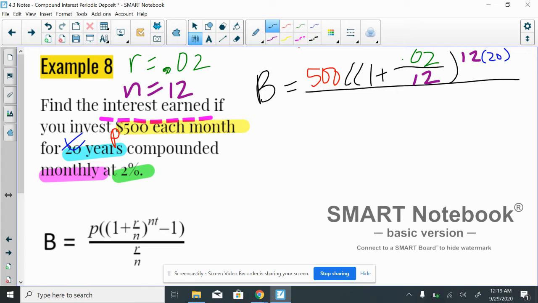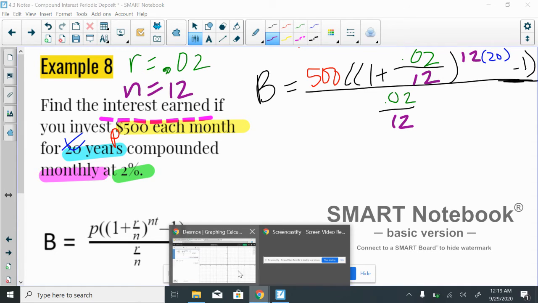Most importantly, on the end here, you're going to have a -1 and close that parenthesis out. The denominator looks like 0.02 divided by 12. It's the ever lovely formula.